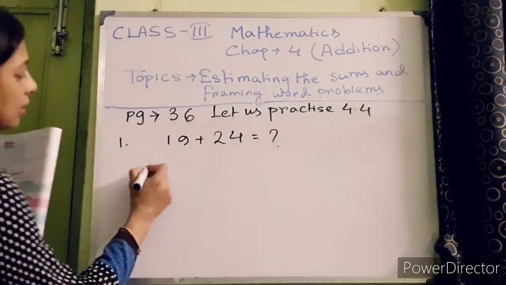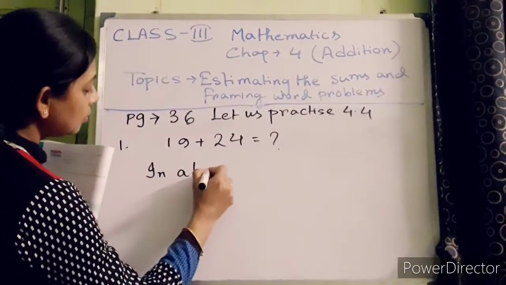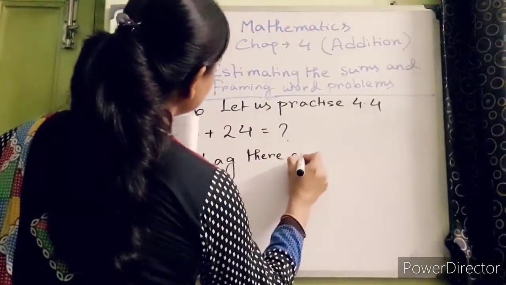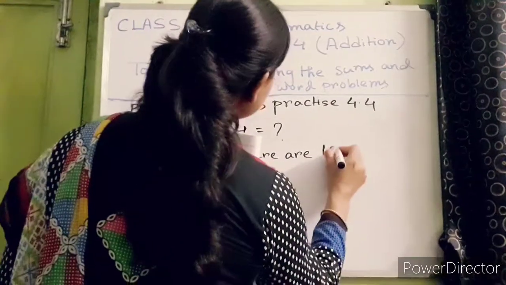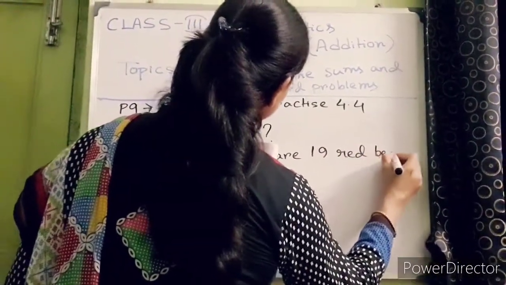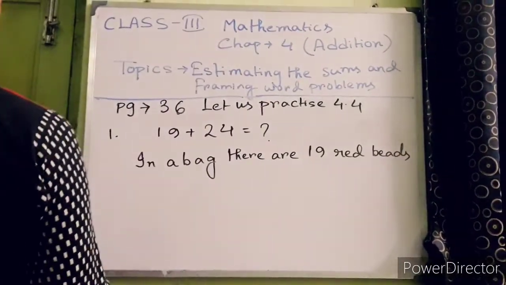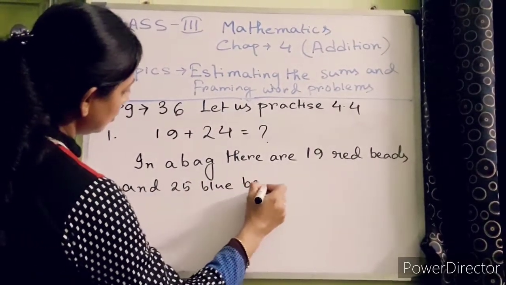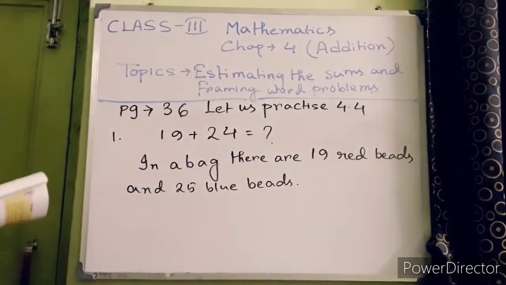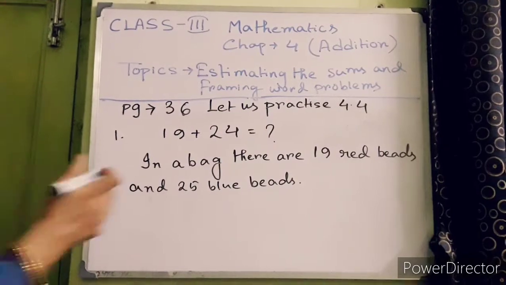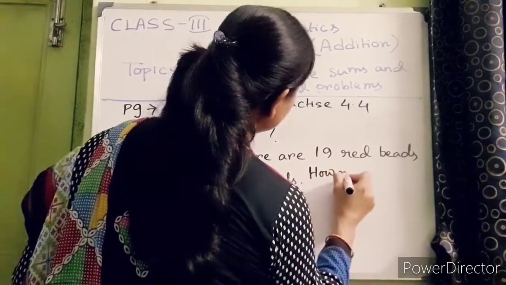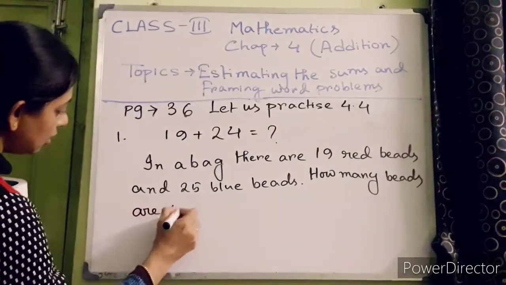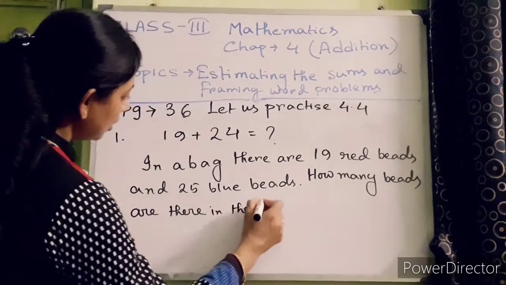Now, in a bag, there are 19 red beads and 25 blue beads. How many beads are there in the bag?